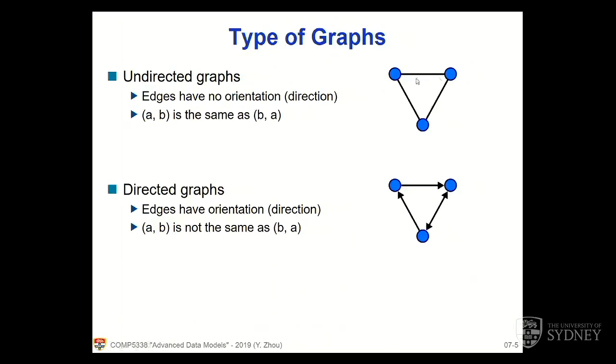So undirected is basically there's no direction, like an edge with A and B is the same as B and A. Directed basically means there's orientation or direction. So from A to B is like there's an arrow from A pointing to B, and it's quite different from B to A, which is the other direction. So in a directed graph we differentiate these two, but in undirected we don't.